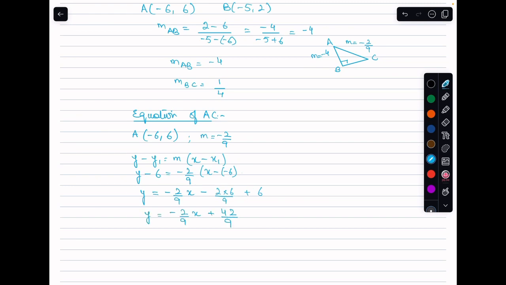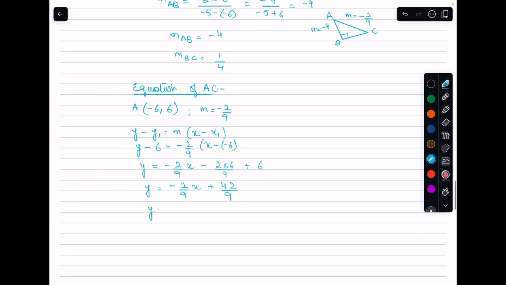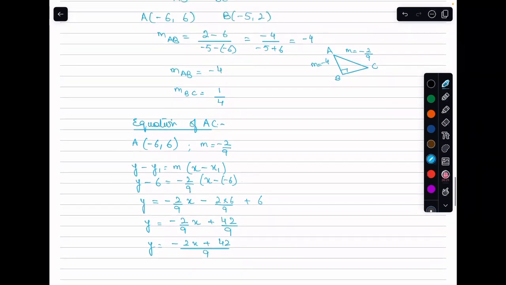So solving it, I have the equation of AC, which is y equals -2 by 9 x plus 42 by 9, or I can say that this equation is (-2x plus 42) divided by 9. I'm keeping it in the y format because I know that I have to solve the two equations simultaneously.